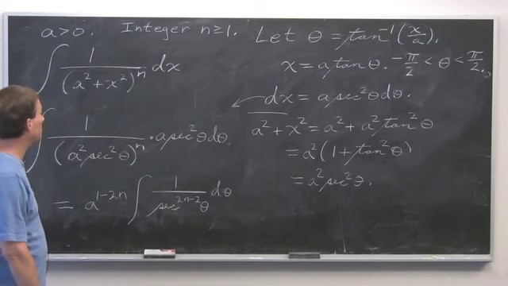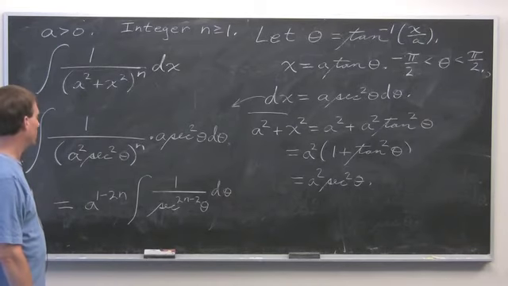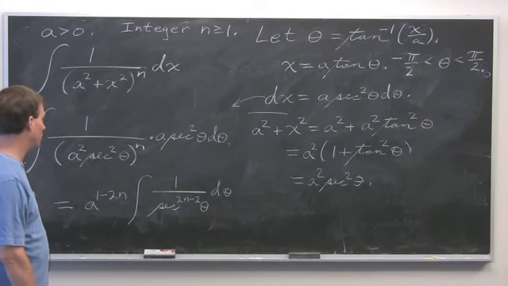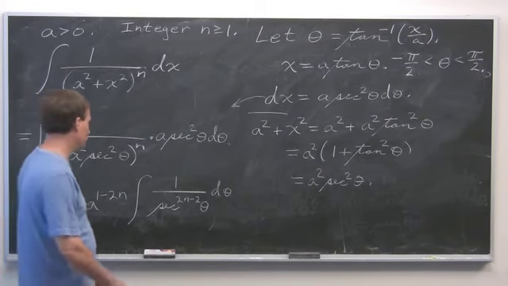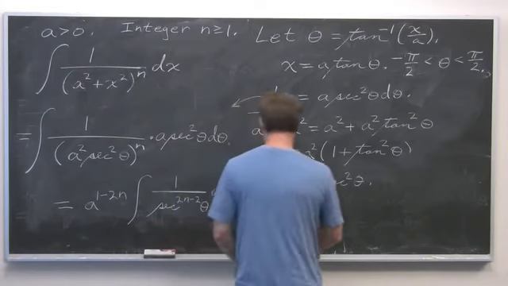So you get this. But 1 over secant is cosine, so this is cosine to the 2n minus 2.